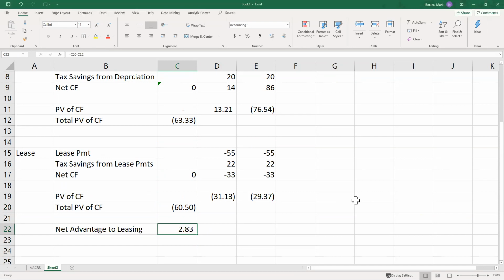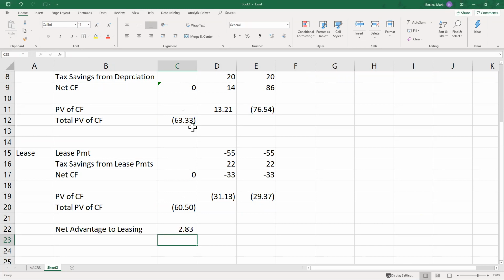So all I did was take the present value of the cash flows from the lease option and subtract from that the present value of the cash flows from the purchase option. So the net advantage here is a $2,830 advantage from leasing versus buying.